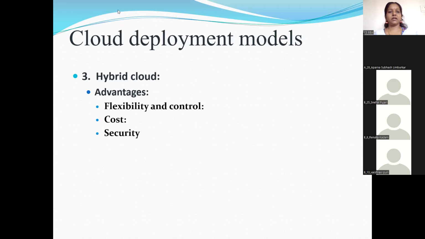The advantages related to these are, first, flexibility and control. Businesses with more flexibility can design personalized solutions that meet their particular needs. Then cost. Because we are using the public clouds, which provide more and more scalability, you will only be responsible for paying for extra capacity if you require it.